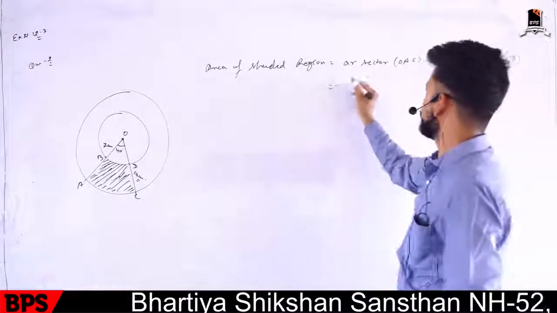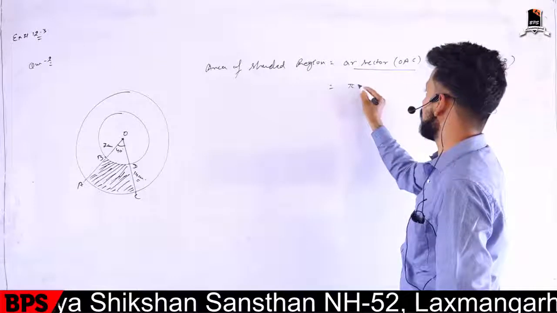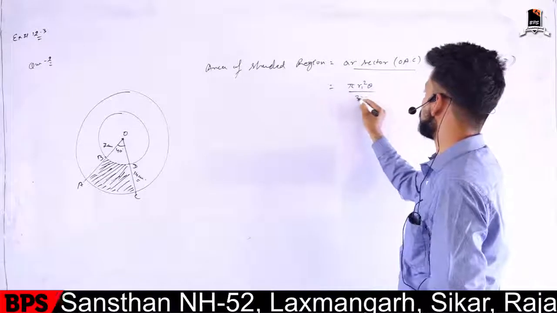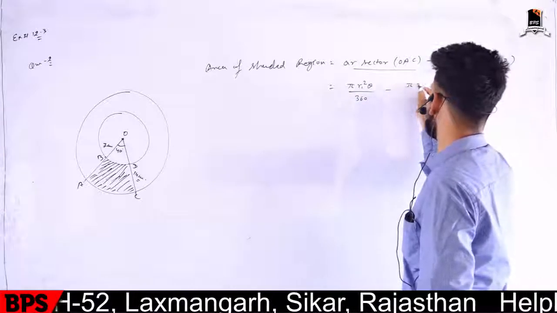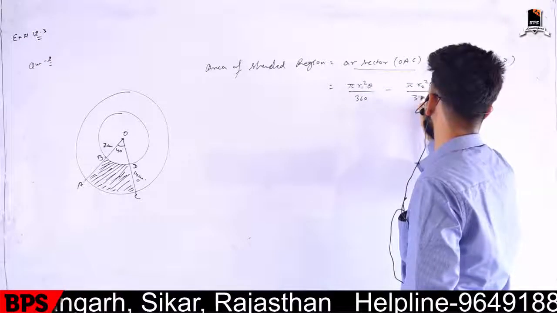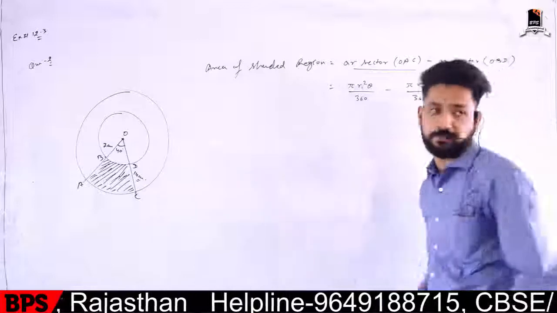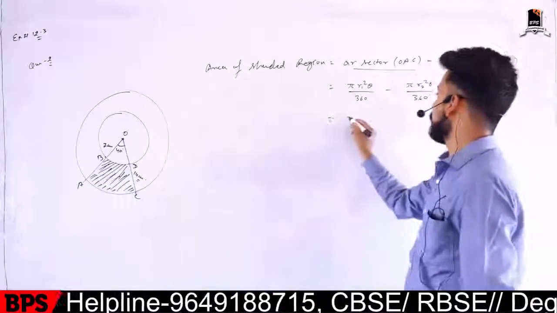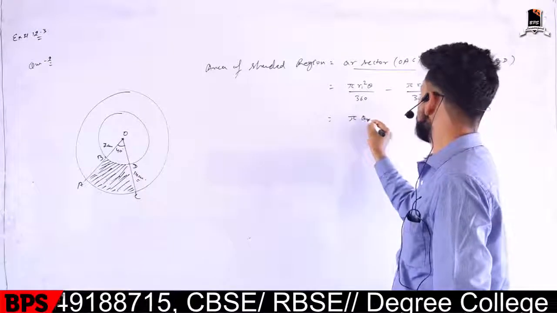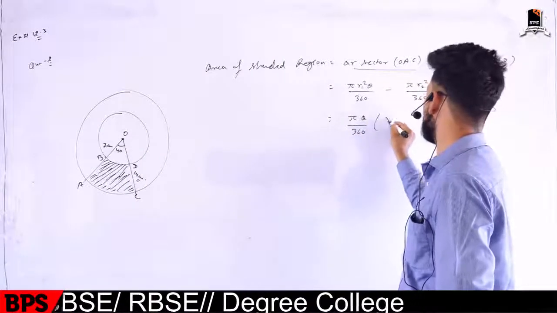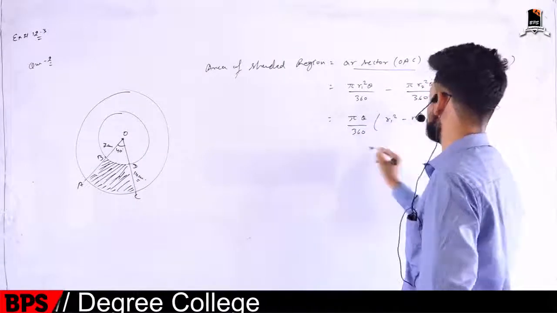So area of sector OAC, pi r1 square theta upon 360, minus pi r2 square theta upon 360, because radii are different. Now pi theta upon 360 is common, then r1 square minus r2 square.